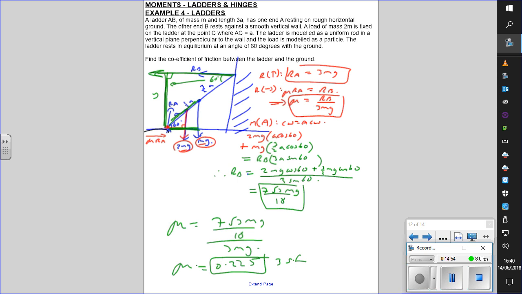Get that friction underneath the floor, right? Not on the floor. It always messes up that way. And watch out for your normal reactions, that they are actually 90 degrees to the surface and not 90 degrees to the beam itself, right? It's to the surface the beam is in contact with. Okay.